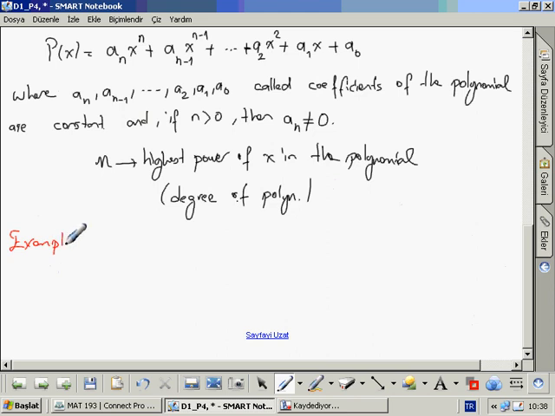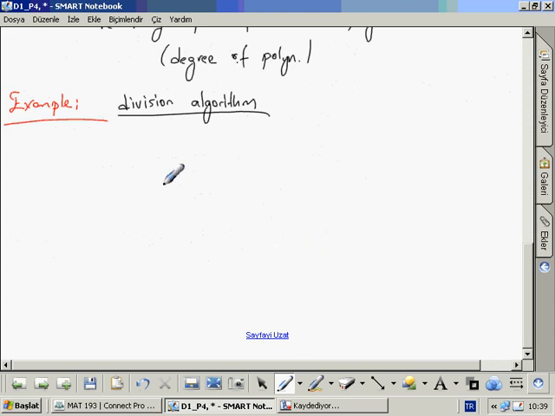Example about the division algorithm. The numerator part of the rational function is 3x cubed plus 5x squared minus 3 over x squared minus 1. This means you must divide it by x squared minus 1.